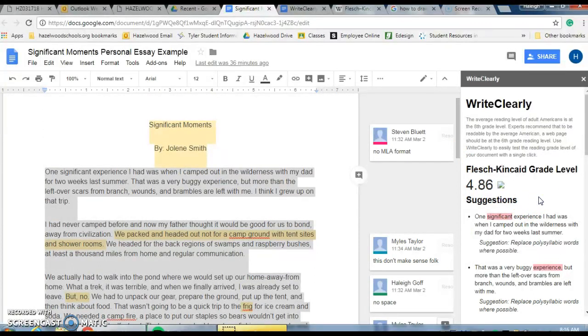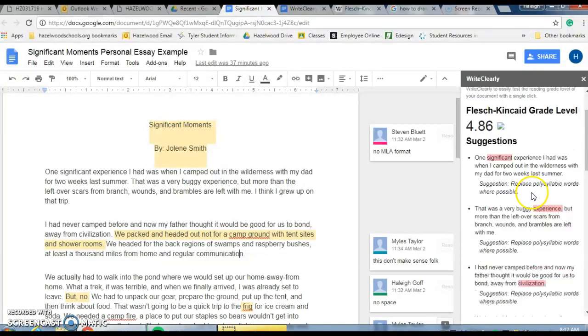This means that if you are about a 4th or 5th grader, you should be able to read and understand this essay. We want ours to be much higher than this, preferably between 10 and 12. It gives suggestions on actually how to decrease that score.